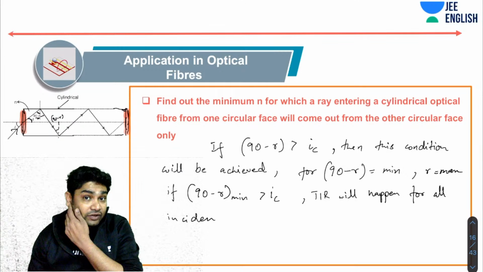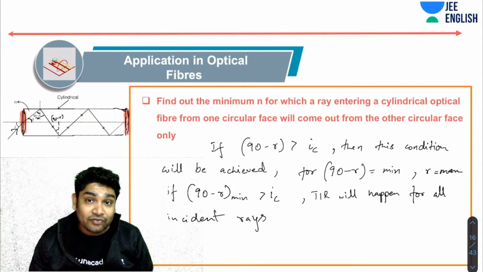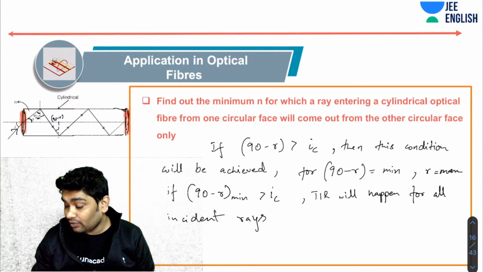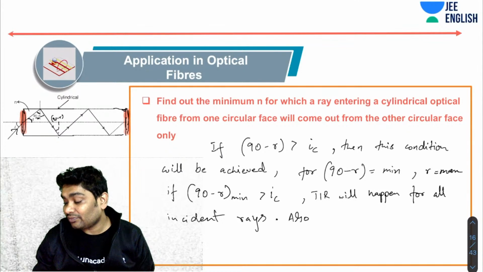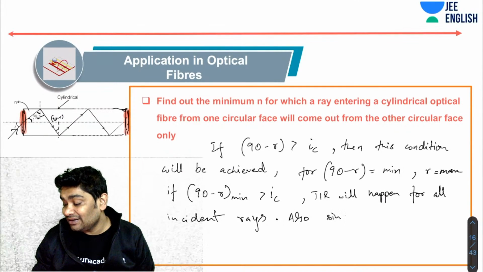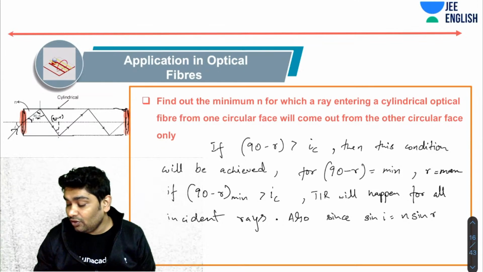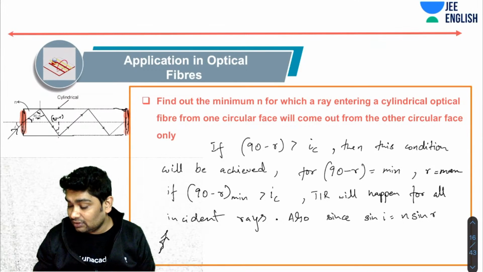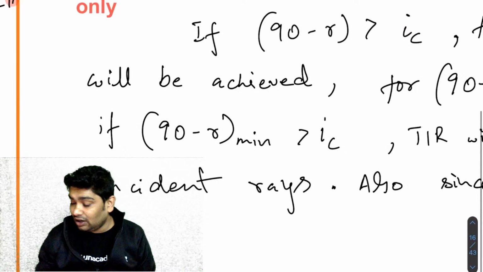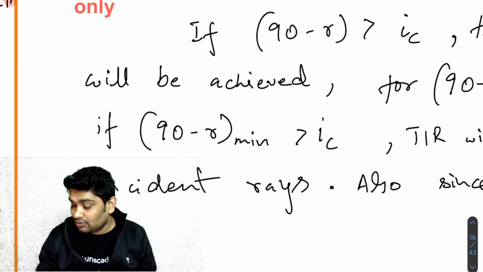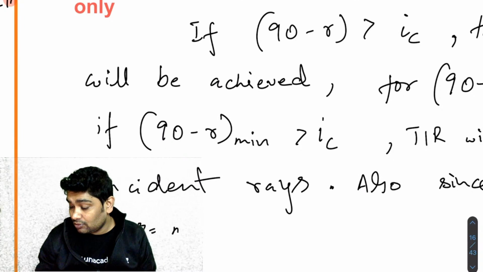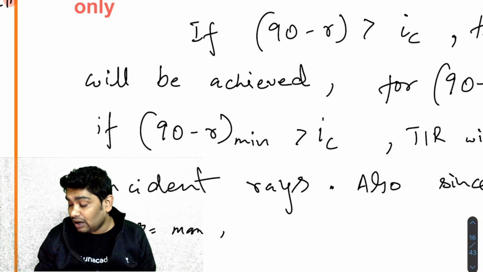Now, you will also realize for R to be maximum, the angle of incidence has to be maximum. Okay, so since I know sine I equals n sine R, for R to be max, I should also be maximum, right?